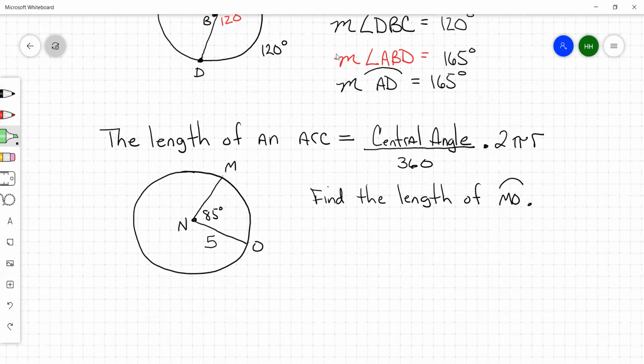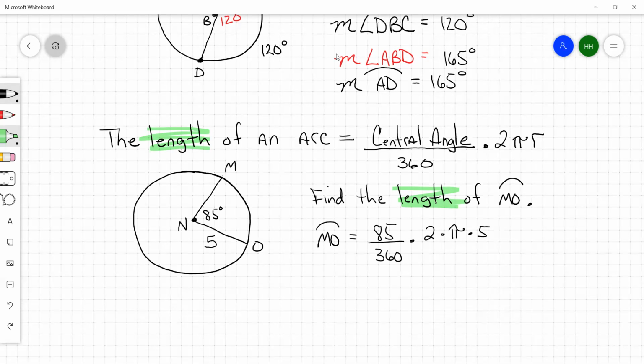The length of arc MO is equal to central angle, 85 degrees, divided by 360, times 2 times pi times the radius, which is 5.